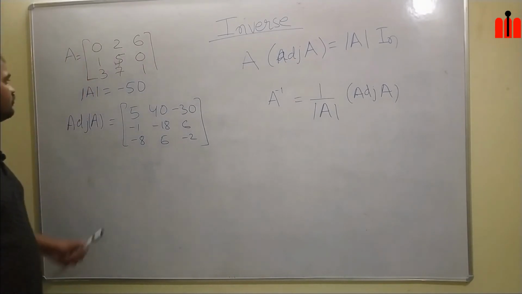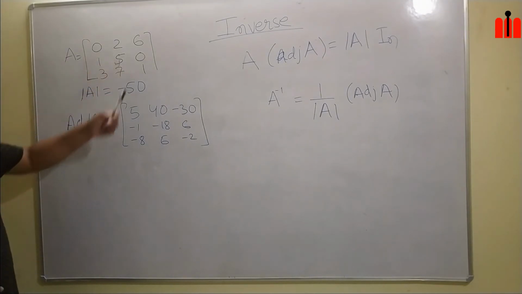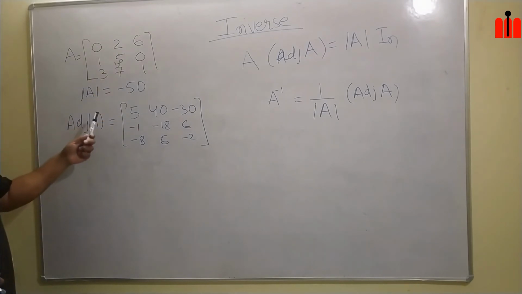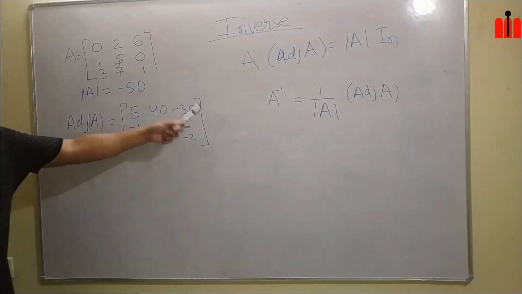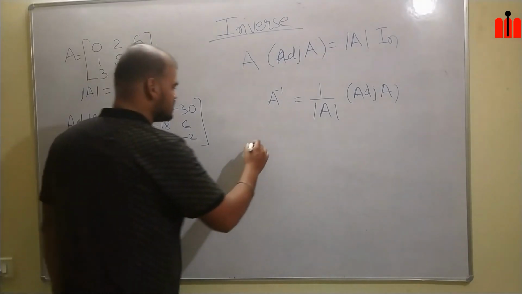Now, we had taken this matrix as our example matrix: 0, 2, 6, 1, 5, 0, 3, 7, 1. Det A is minus 50 for that, and adjoint A is this matrix. So what will be my A inverse for this?